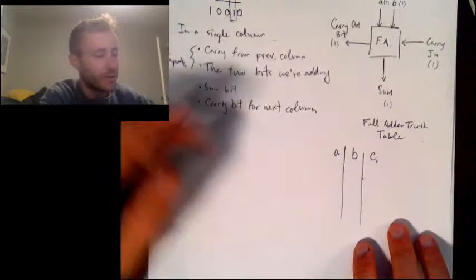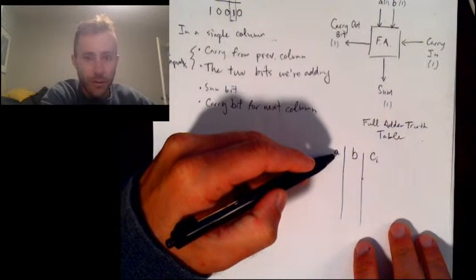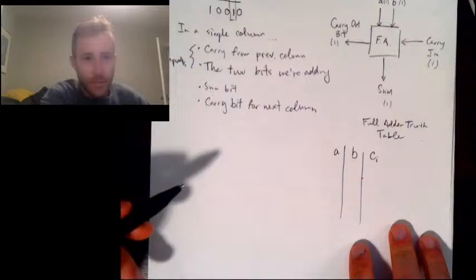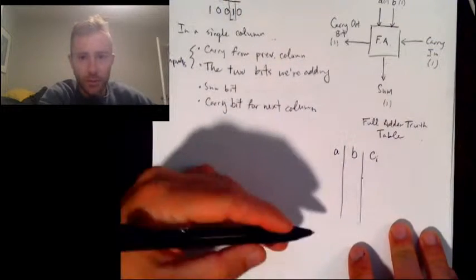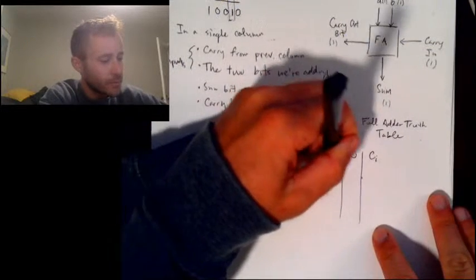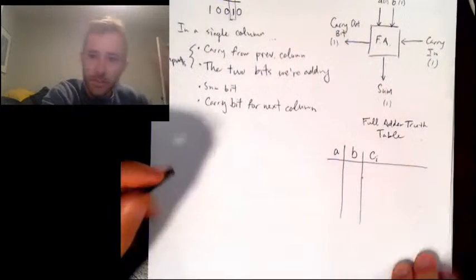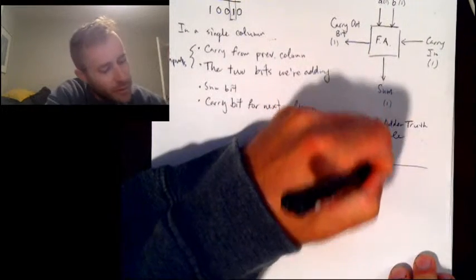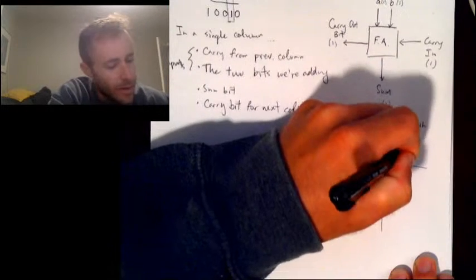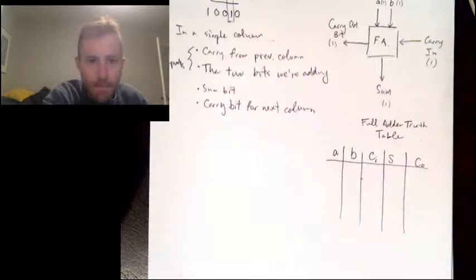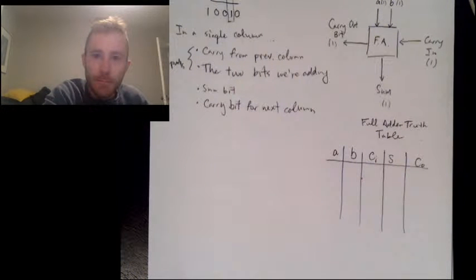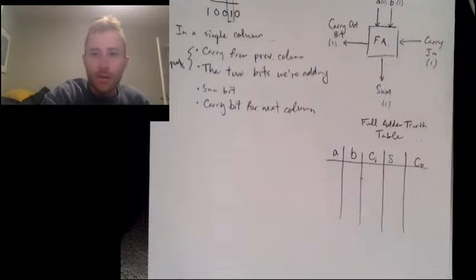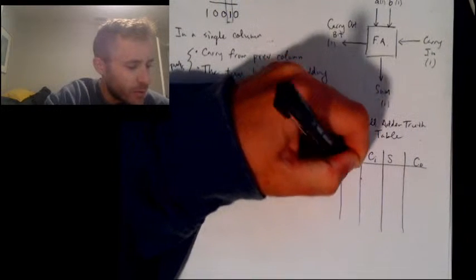So how many rows do I need in my truth table? And then we have a sum bit that goes out, and a carry bit that goes out. I'm going to start listing the possibilities for the input.